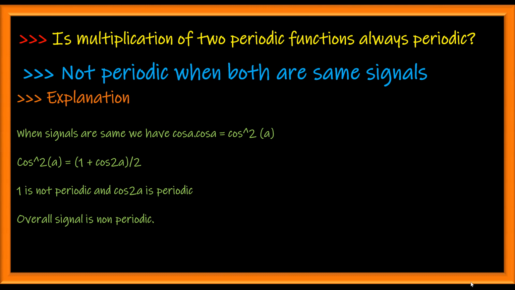For example, cos A into cos A, you have cos square A, which by trigonometric identity gives 1 plus cos 2A by 2. Here 1 is not periodic, cos 2A is periodic. Overall the signal is non-periodic. Here we have not used pi, but A can be considered as a multiple of pi.